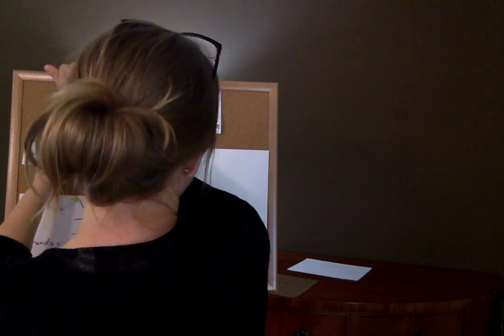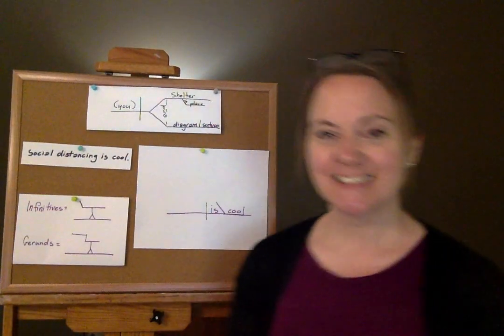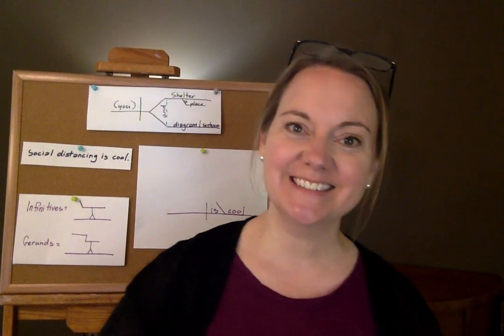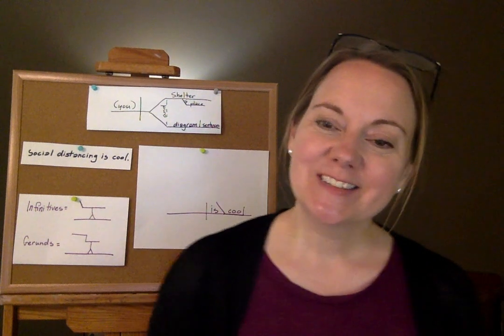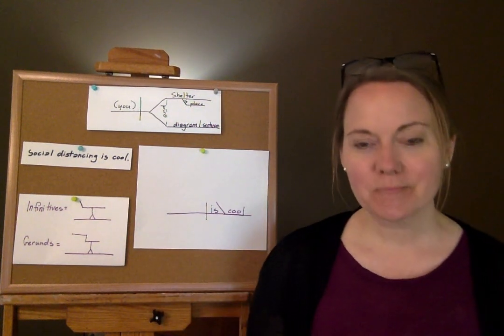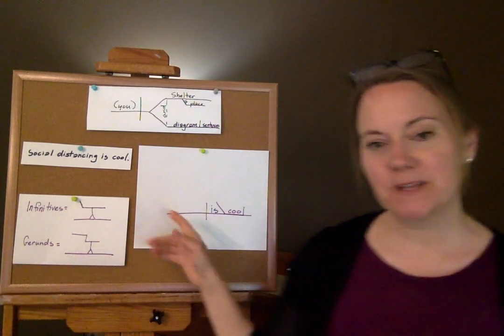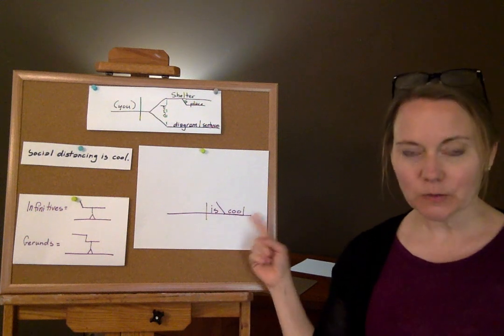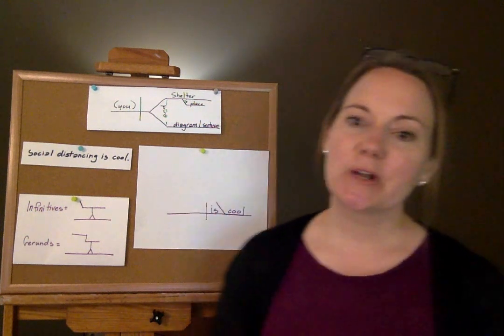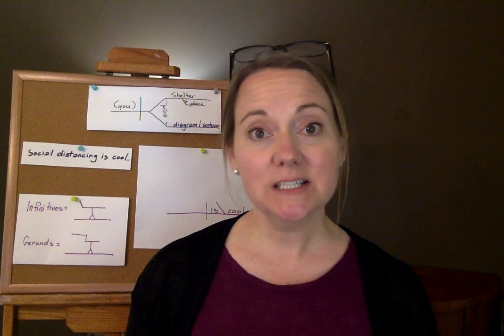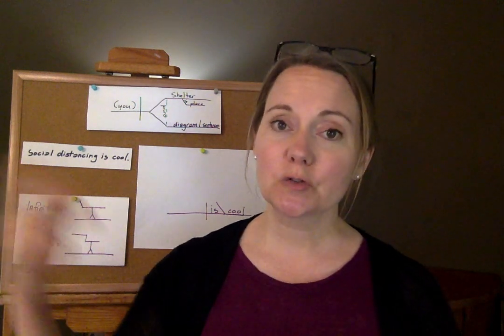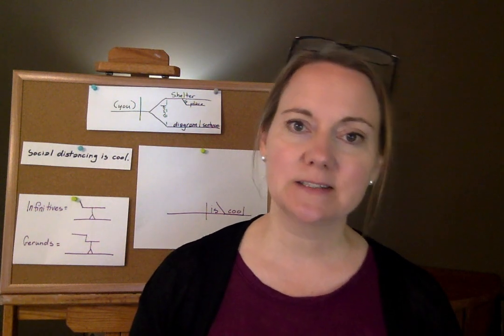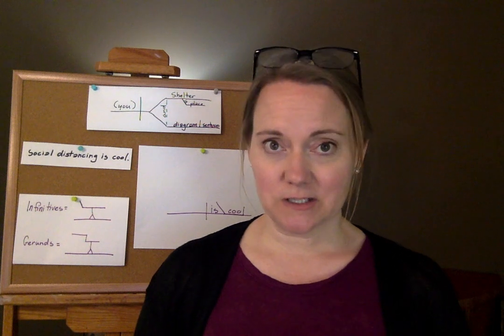Oh, social distancing is cool, right? Yes, it is. Social distancing is cool. The is is a linking verb. Cool is a predicate adjective pointing you back to the subject, and the subject is social distancing. Social is an adjective describing distancing, and distancing is our gerund.